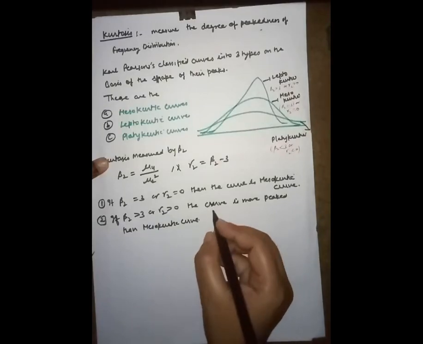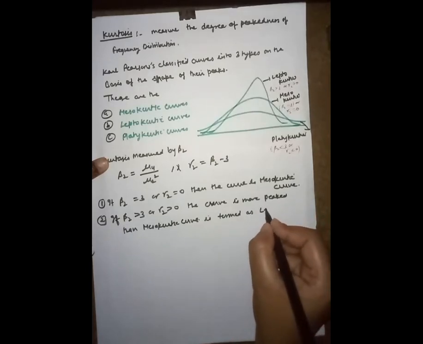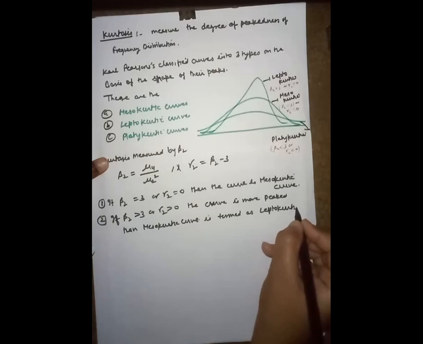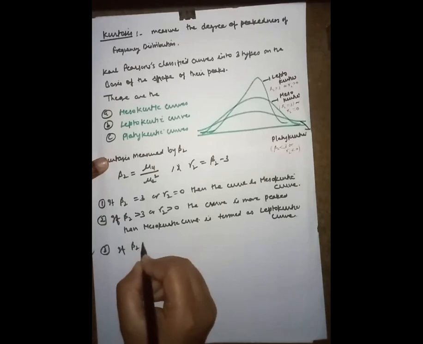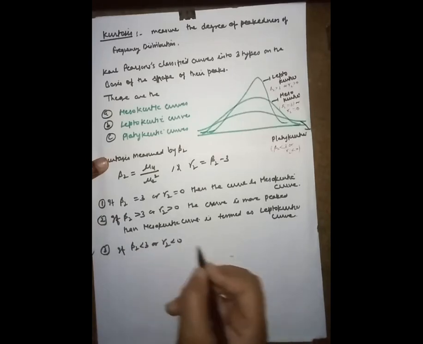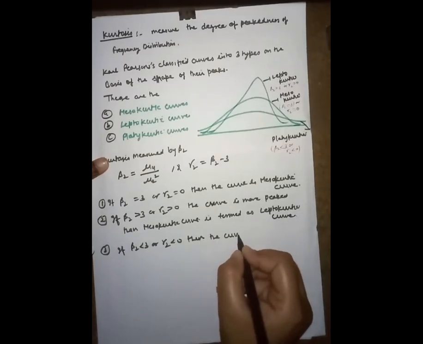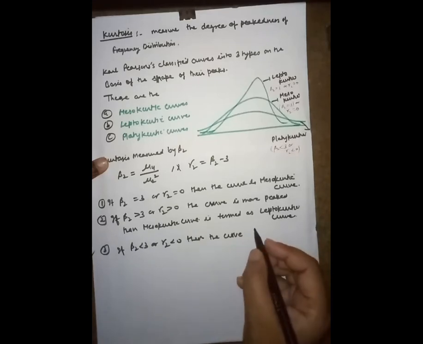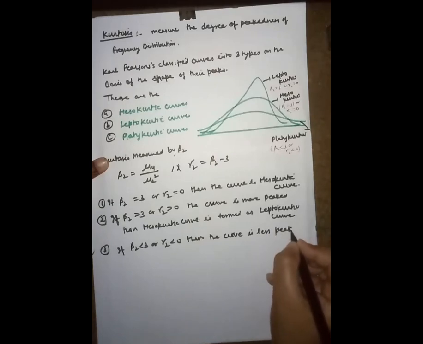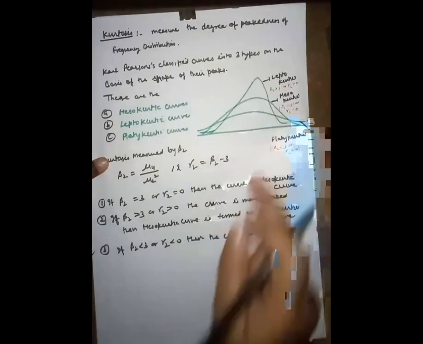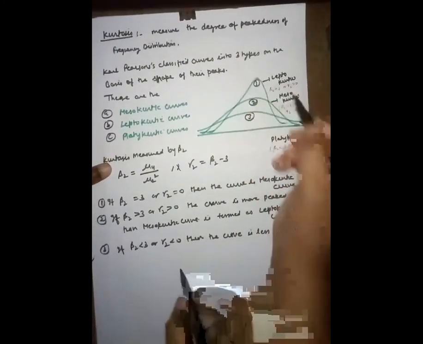The curve is termed as leptokurtic. And the third one is, if beta 2 is less than 3 or gamma 2 is less than 0, then the curve is less peaked. You see here, this is the third one, this is the second one, and this is the first one.